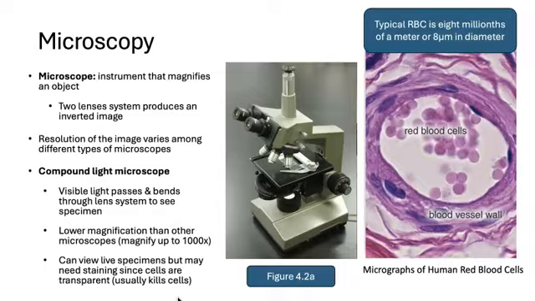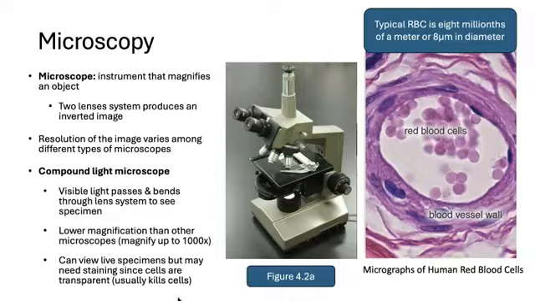But if we have really clear resolution and with enough magnification, meaning that we are zoomed into that structure, we could see these as two separate structures. And so the resolution will differ depending on the type of microscope that you are using.